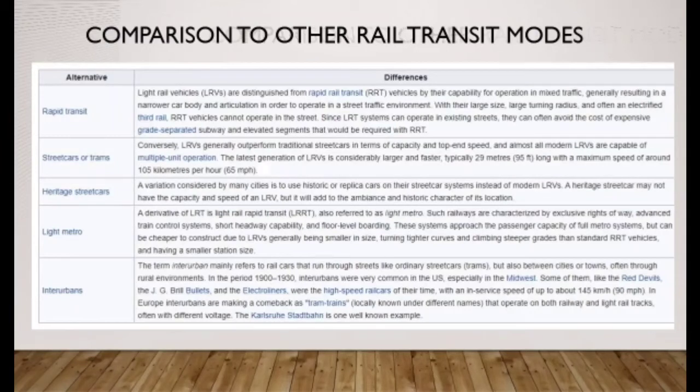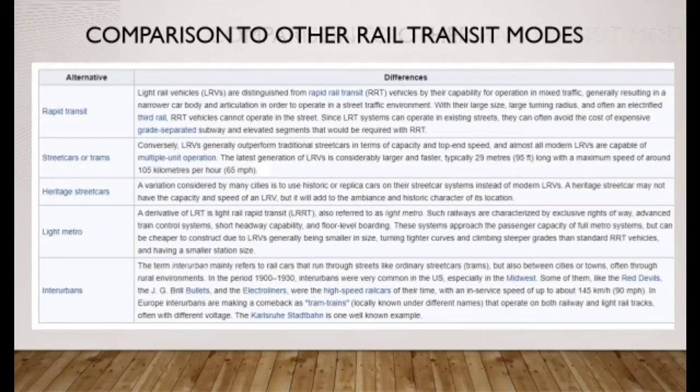Secondly are streetcars or trams. The difference is, conversely, LRVs generally outperform traditional streetcars in terms of capacity and top-end speed, and almost all modern LRVs are capable of multiple unit operation.